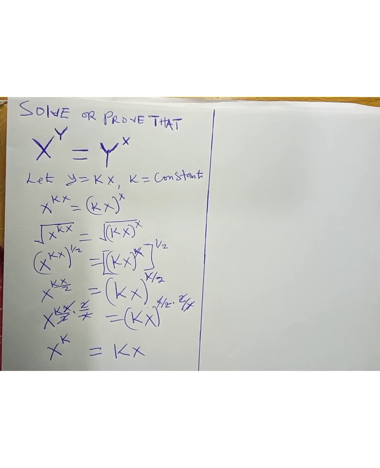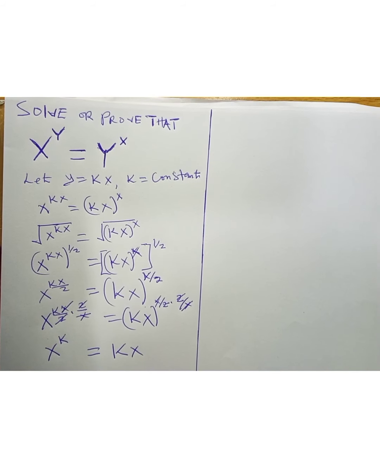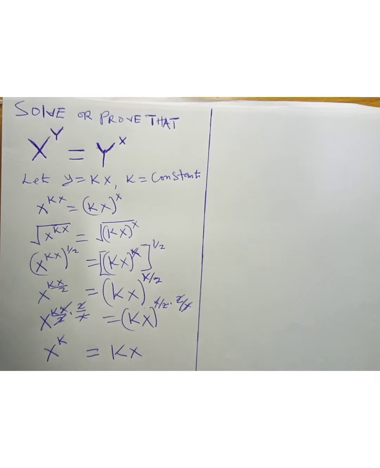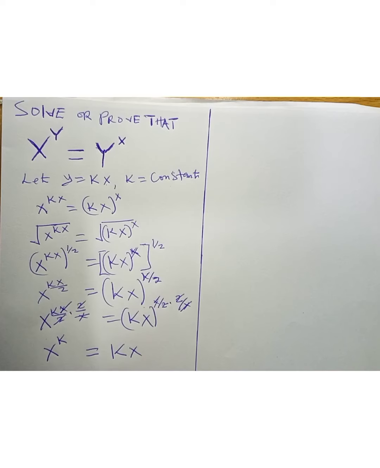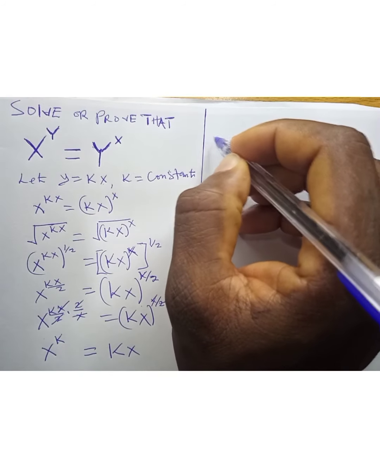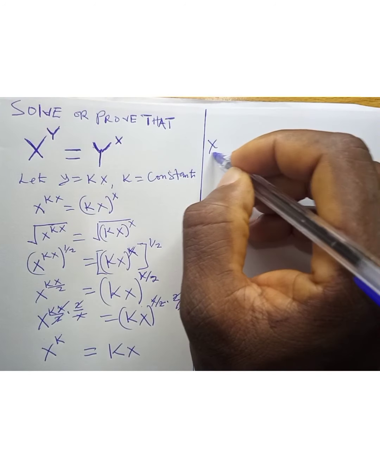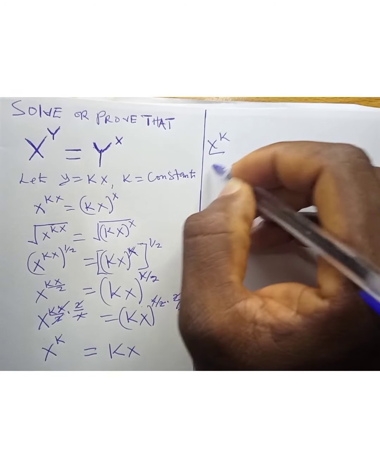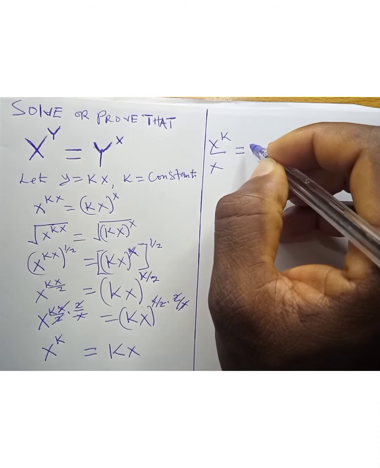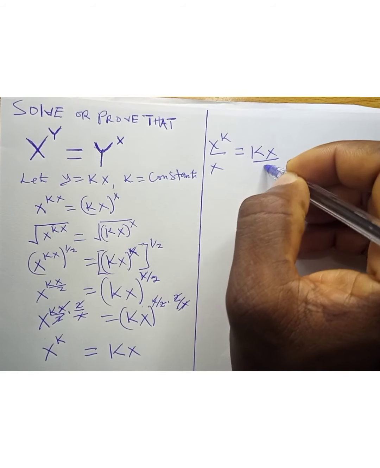If that be the case, let us divide both sides by x. We're going to have x raised to power k divided by x equals kx divided by x.